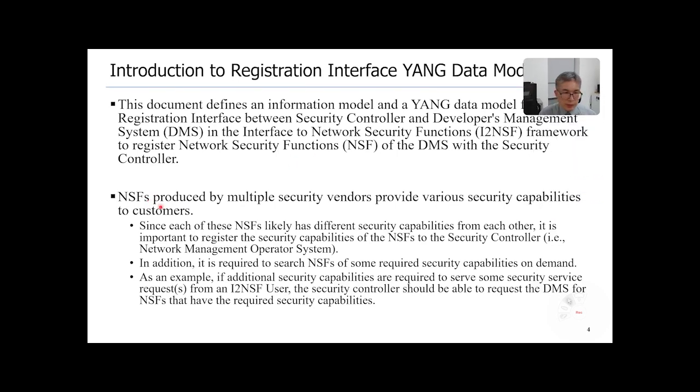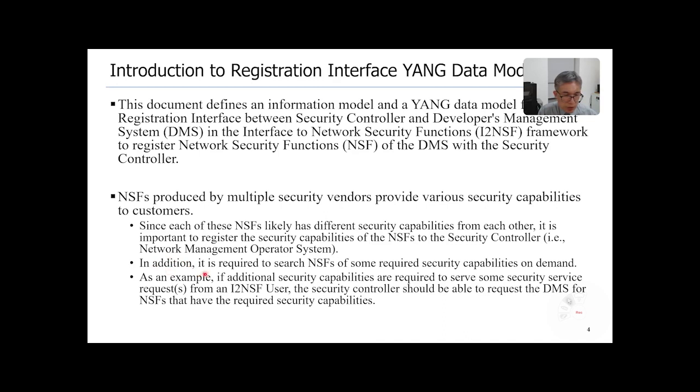NSFs produced by multiple security vendors provide various security capabilities to customers. Since each of these NSFs likely has different security capabilities from the others, it is important to register the security capabilities of NSFs to the security controller, the network management system.